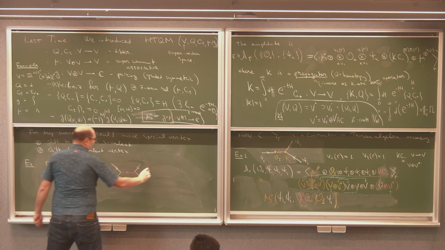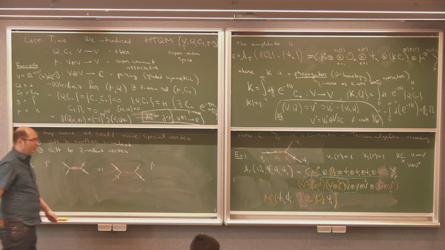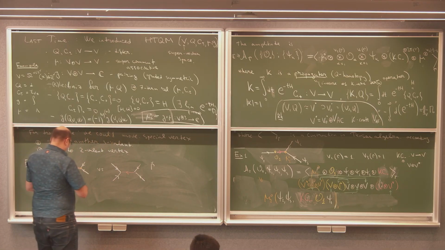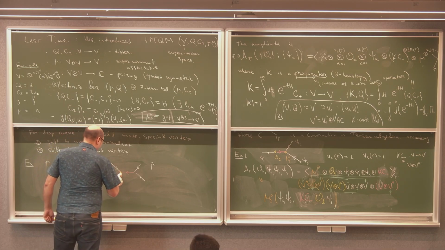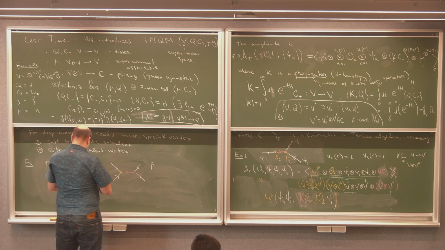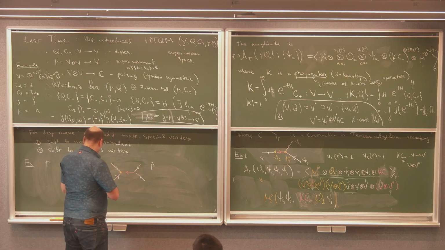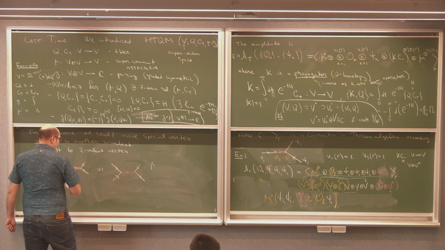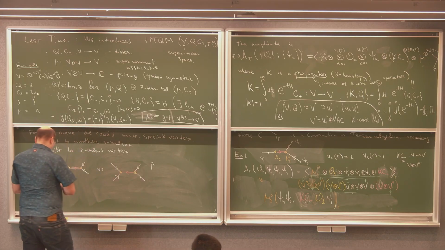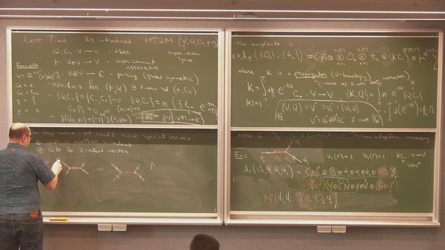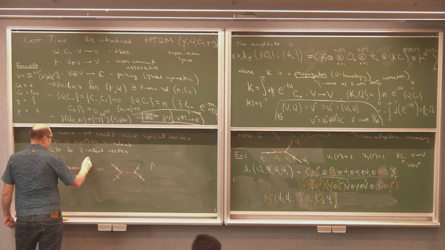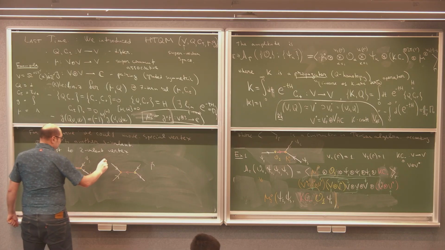So that is my gamma, and let me call the other one gamma check. Here the orange vertex is here, and I think I will call it the yellow vertex. Once again, I put the same states psi1, psi2, psi3, psi4.